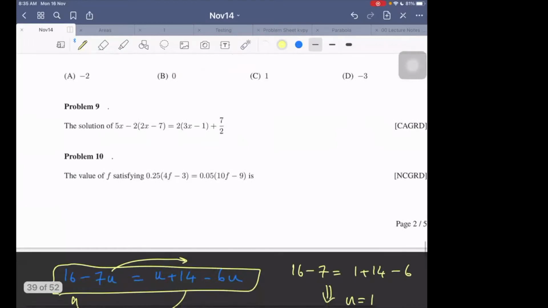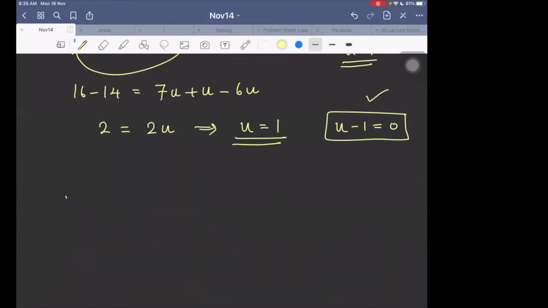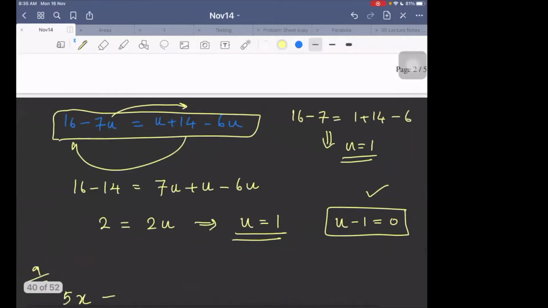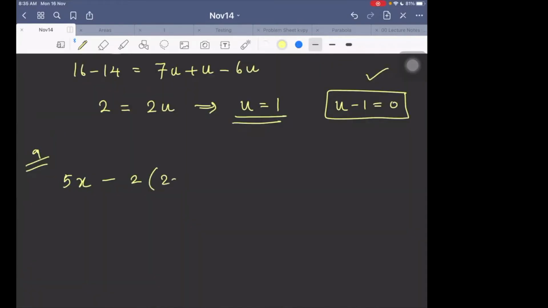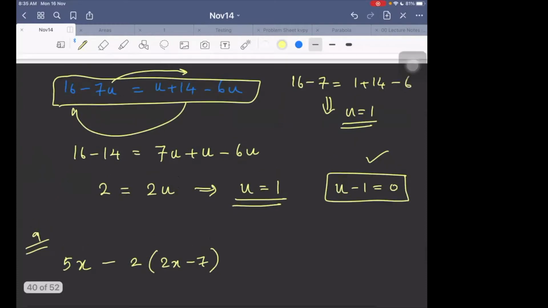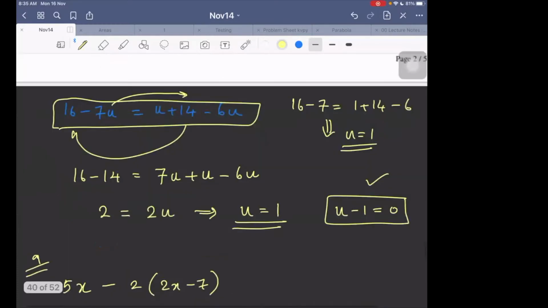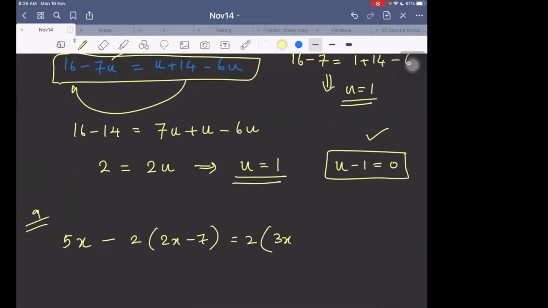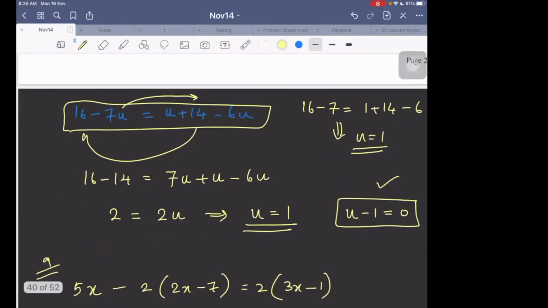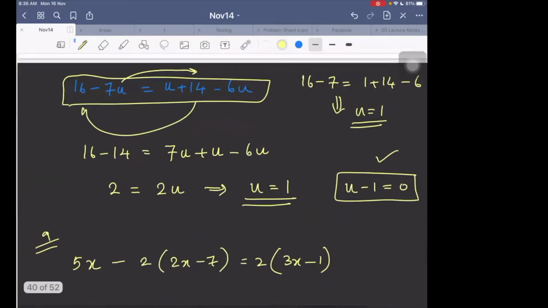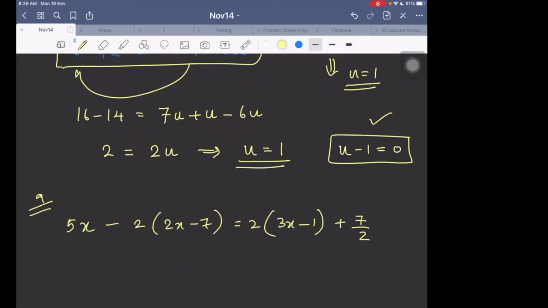Ninth question is 5x minus 2 into 2x minus 7 is equal to 2 into 3x minus 1 plus 7 by 2.